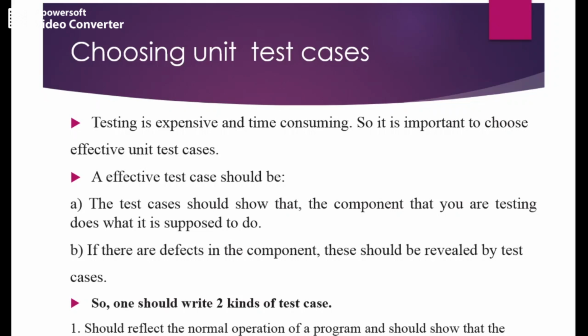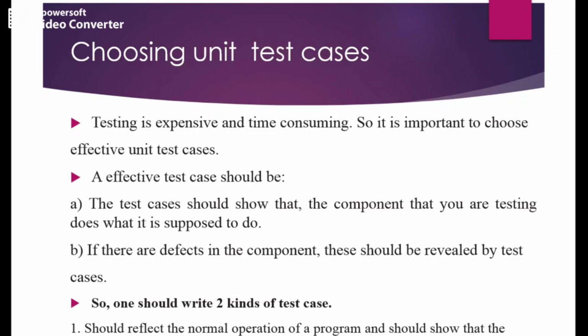That is important. The first point is you design the test case in such a way that, if you are testing a particular component, it should show what it has to do. What is its functionality? Then, if there are defects in the component, these should be revealed by the test cases.